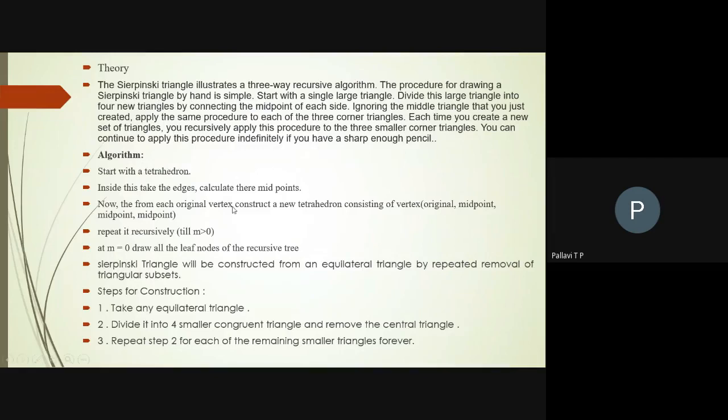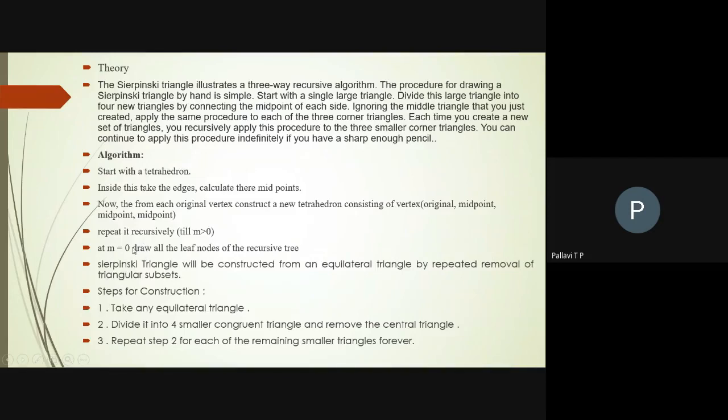Repeat it recursively. This is the method we keep on repeating recursively to get the 3D Sierpinski triangle. So at m equals 0, draw all the leaf nodes in a recursive tree.